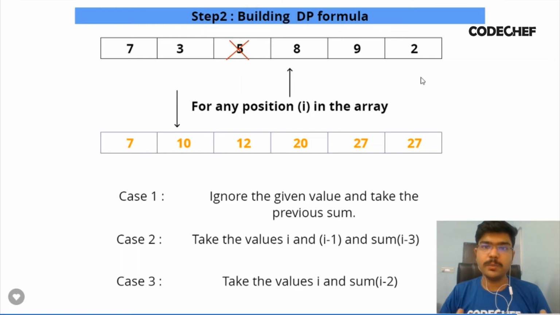So that is what we are doing, and that is how we are building up the dp formula. So this is the important thing. Some questions arise about how we are applying dp and how this formula is generated. So this is the conceptual theory, the process of thinking about how we can build the dp formula.